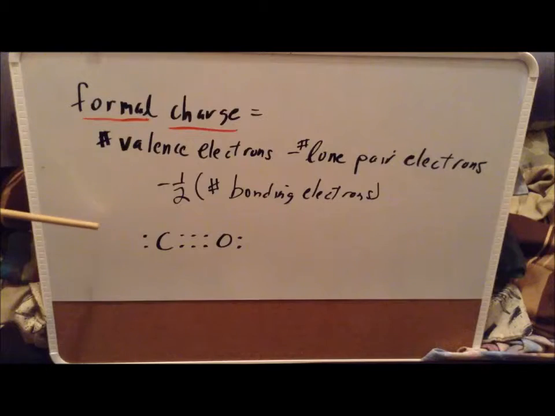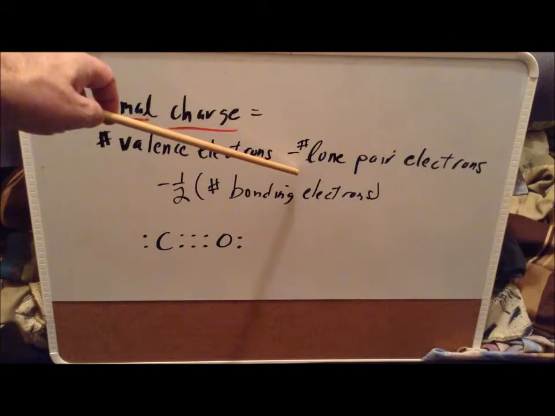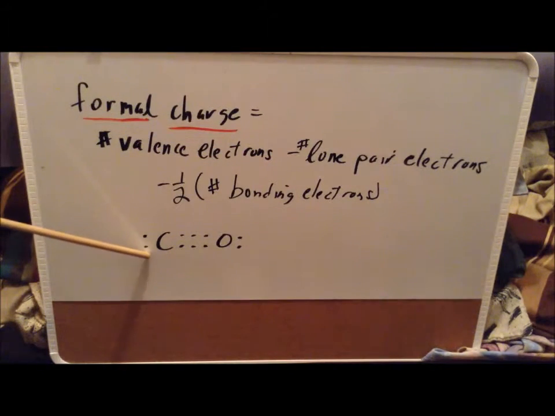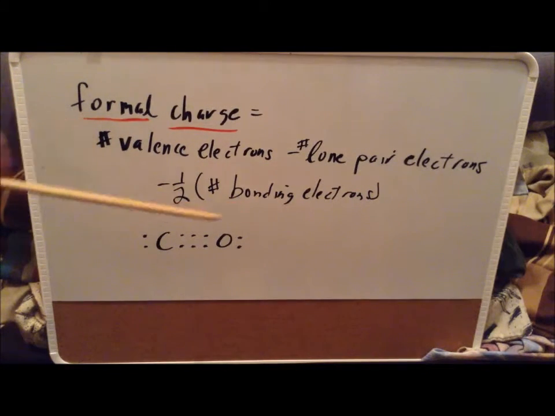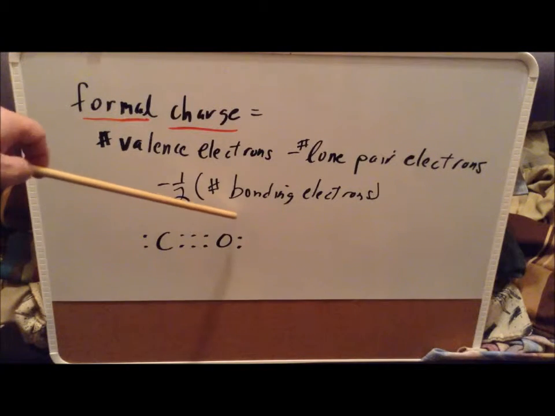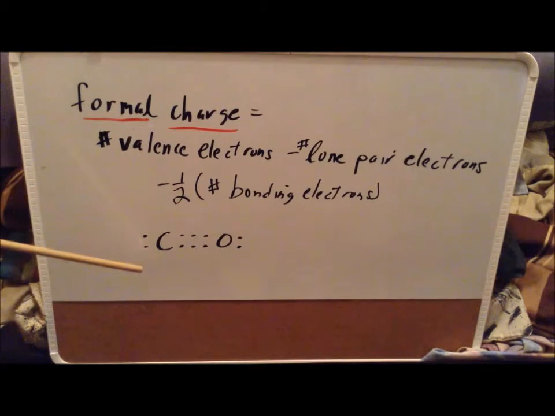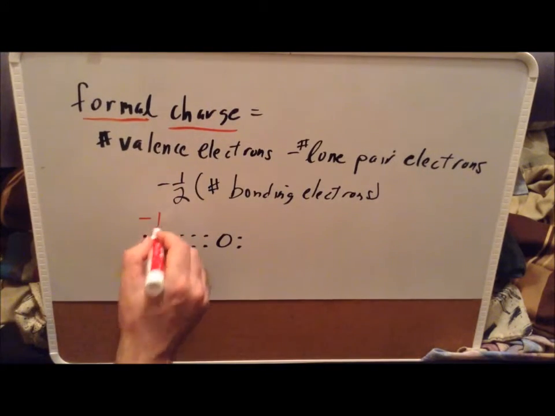We subtract the number of lone pair electrons, which is 2, so we have 4 minus 2. We're left with 2. And then we subtract from that 1/2 the number of bonding electrons. So that's minus 1/2 of 6, or 3. So we're left with a formal charge on carbon of minus 1. So we end up with a minus 1 formal charge on carbon in carbon monoxide.